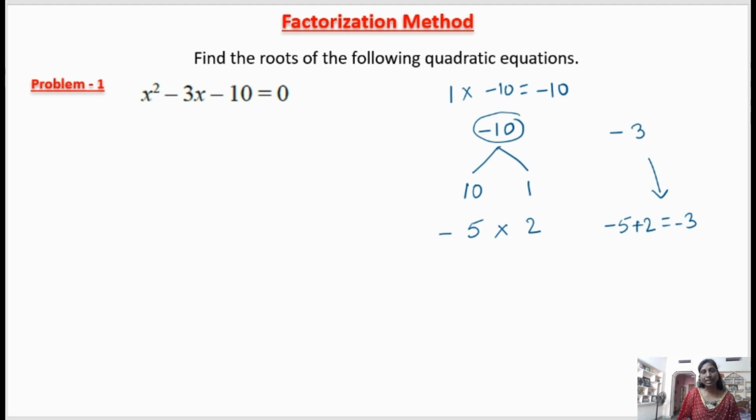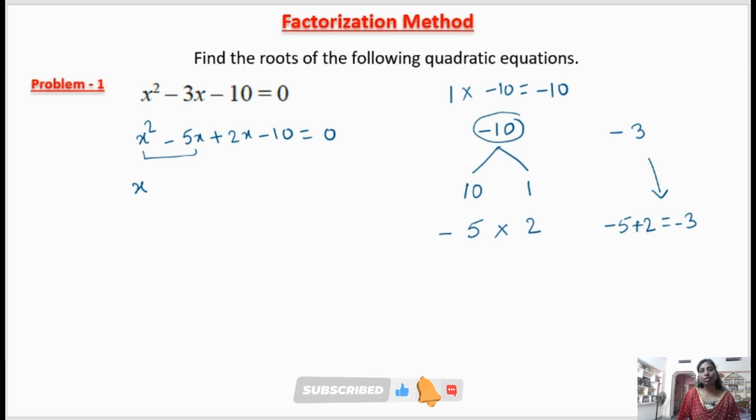So here, split it. x square minus 3x can be written as minus 5x plus 2x minus 10 is equal to 0. Now take x common from these two terms. We will get x minus 5 inside the bracket.